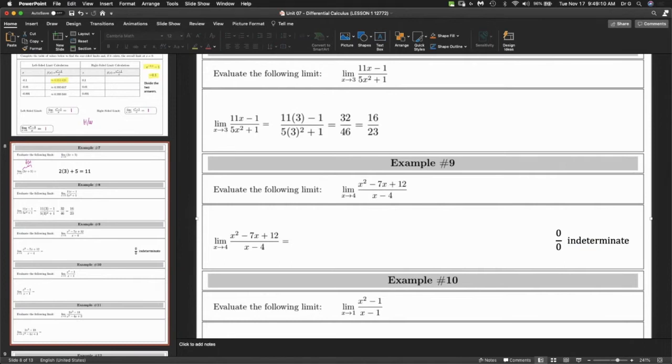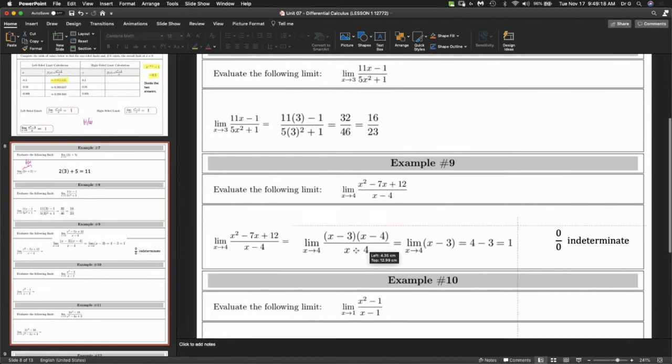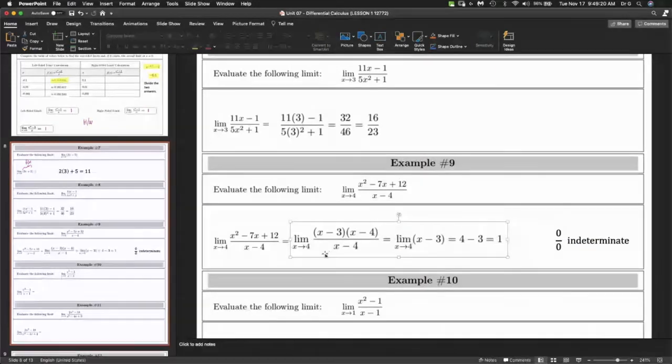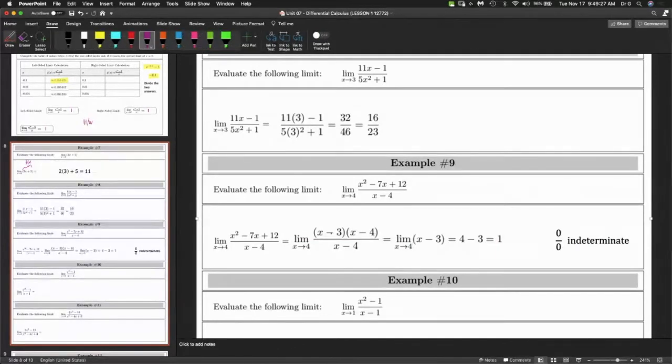So I have to copy and paste this for the sake of time. But what I did here was I used some algebra. So over here, you see what I did? I factored the numerator, and I got x minus 3, x minus 4. So that's what I was telling you back in September, that you need to know factoring for calculus, which is why I even covered it.